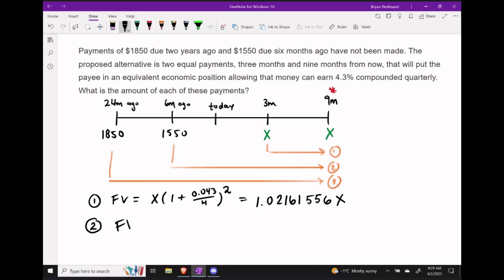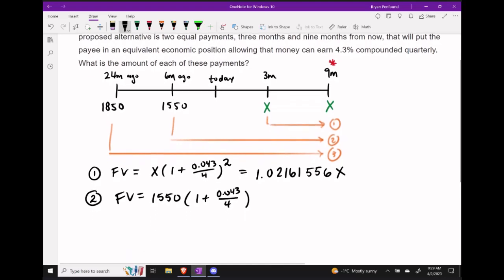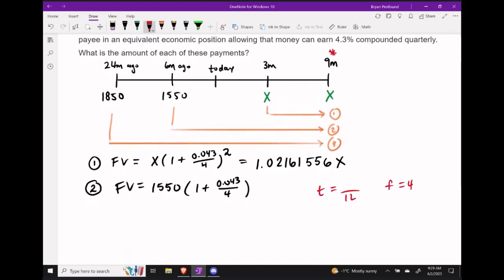Next, we're going to calculate the future value of our payment of $1,550 at the same interest rate. And again, we need to figure out what the value of n is going to be. Well, we know that the frequency number is 4, but how many months have we gone through if this payment was due 6 months ago? Well, it's gone through 6 months to get to today, and then it has to go through 9 more months to get to our focal point.